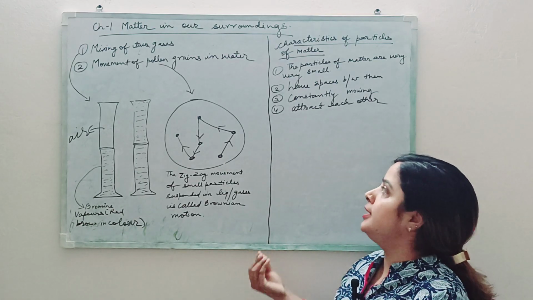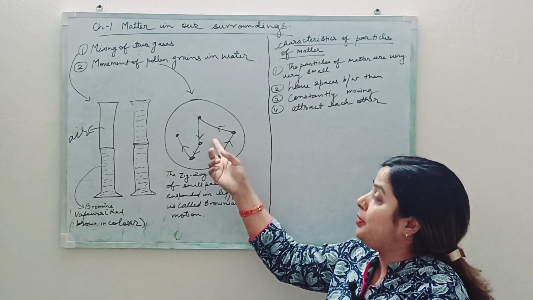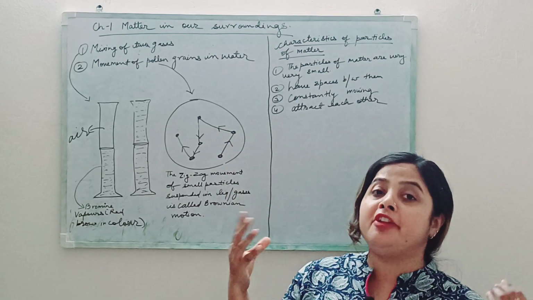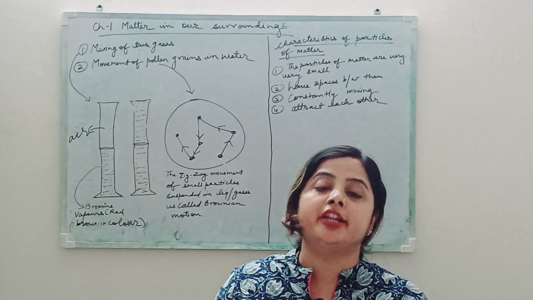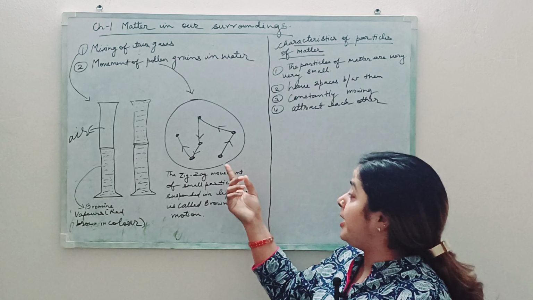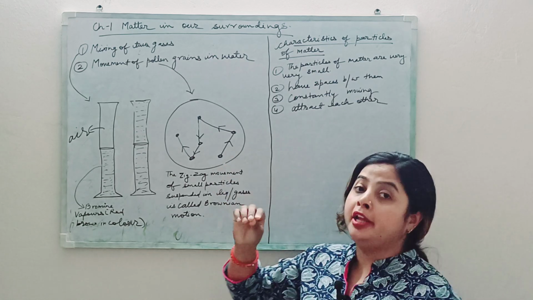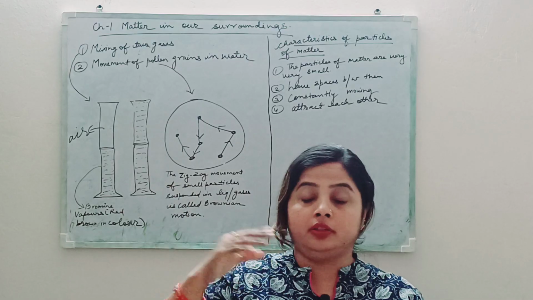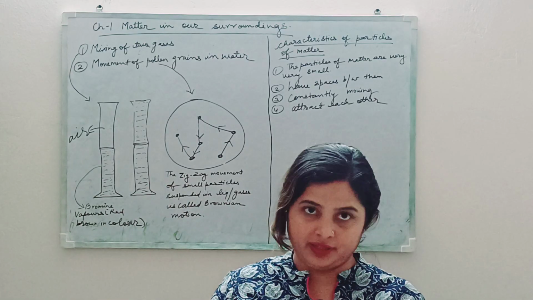The reason is that the speed of the water molecule is very, very fast. In that way, we can say that they hit the pollen grains in different directions.